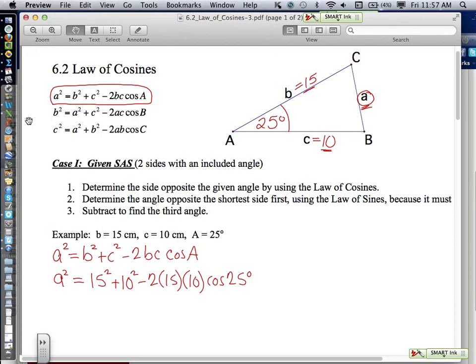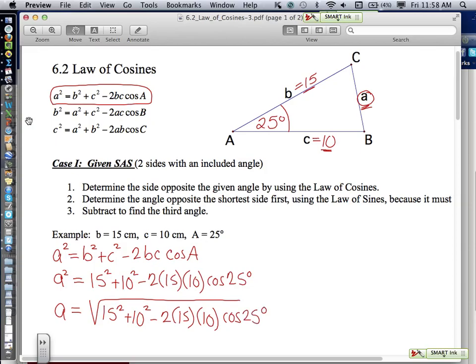So grab your calculators. I want you guys to play along. Let's go ahead and calculate the square root of that whole quantity. The square root of all of that is going to give you your a value. Remember, when we take the square root of both sides of the equation, it's always the plus or minus square root.